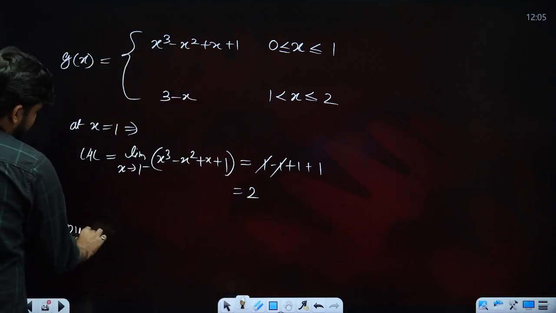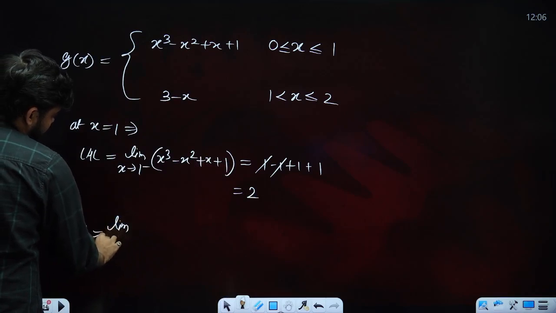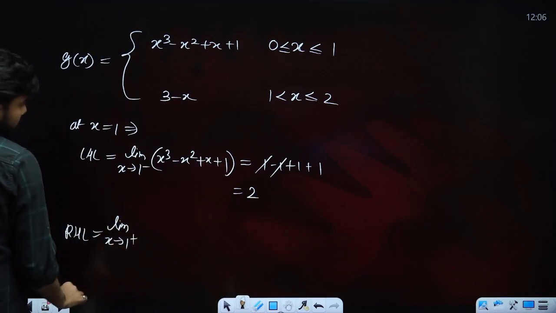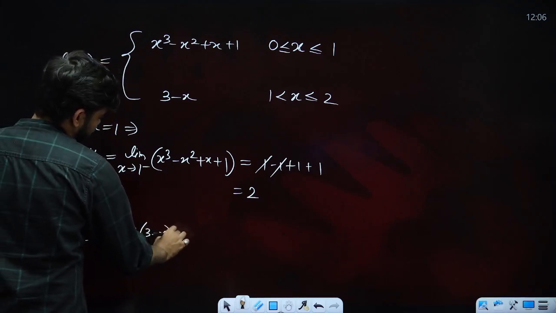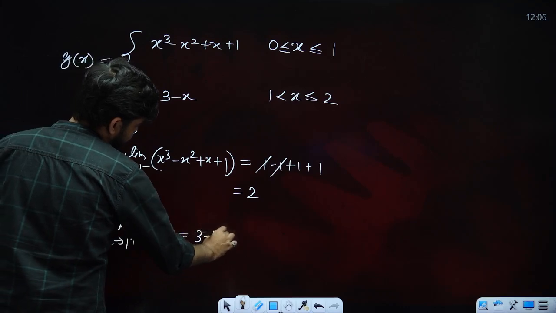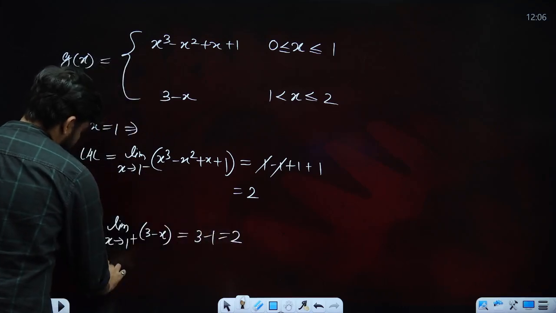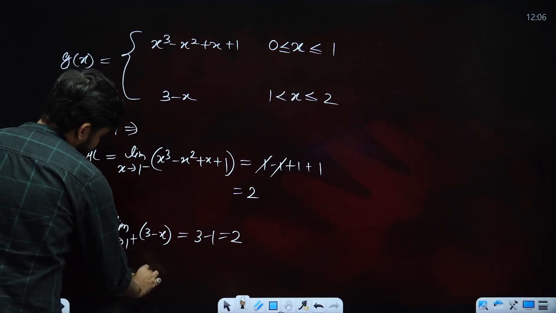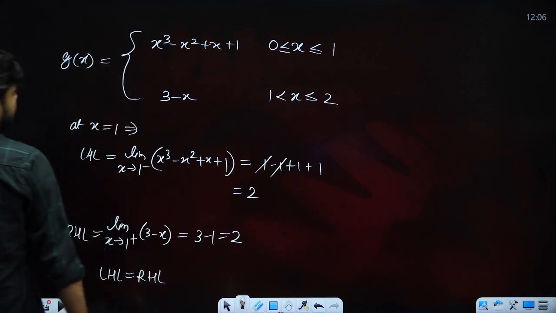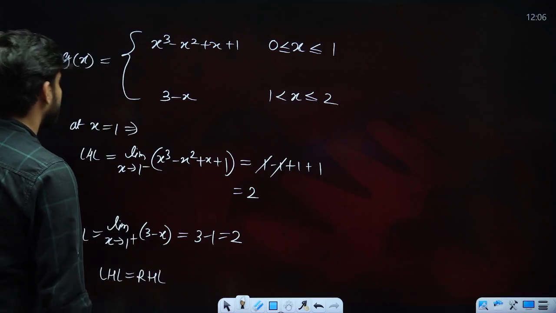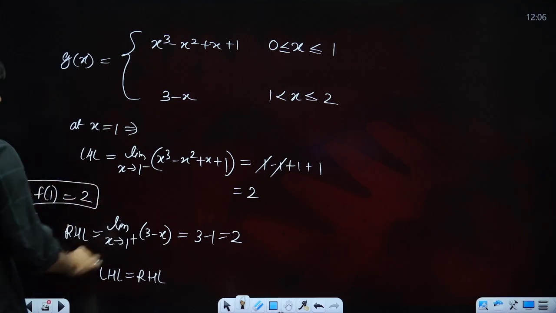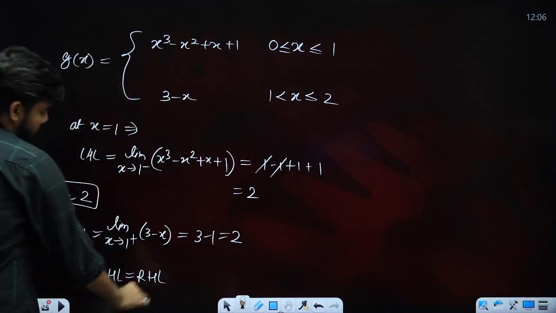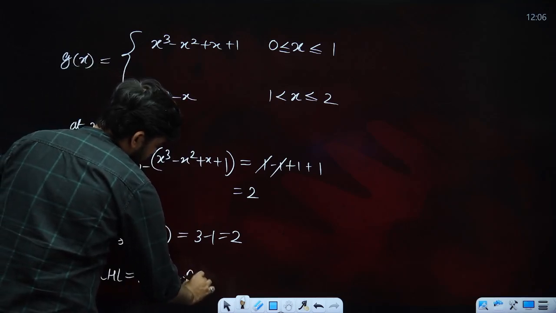Talking about the right hand limit, x tends to 1 positive, here we have 3 minus x, so 3 minus 1 equals 2. As you can see, left hand limit is equal to right hand limit. Let's talk about f of 1 also. f of 1 is also equal to 2 if you try to find it.